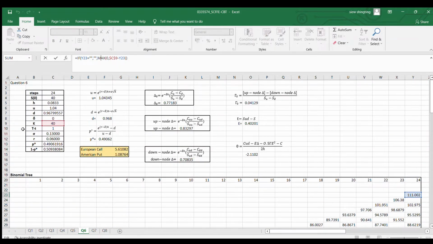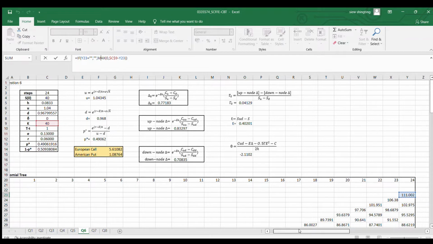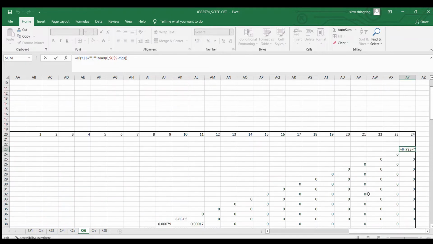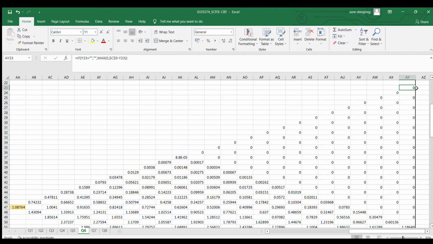C9 is the K strike price minus the period of 24 binomial 3. So after this, we can just pull the data to the downside of 24.